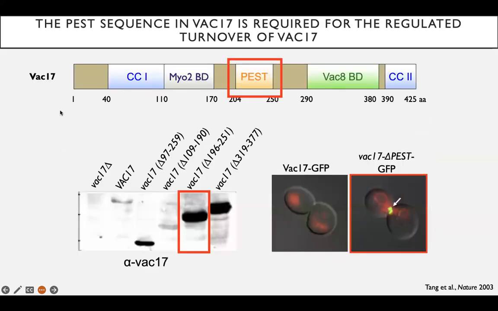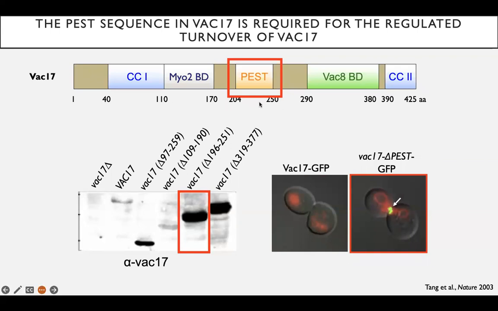So the other discovery that I want to point out, and this is leading up to where we're going to start in class, is on top here, where I'm showing the domain layout of VAC17 and some of its key domains.